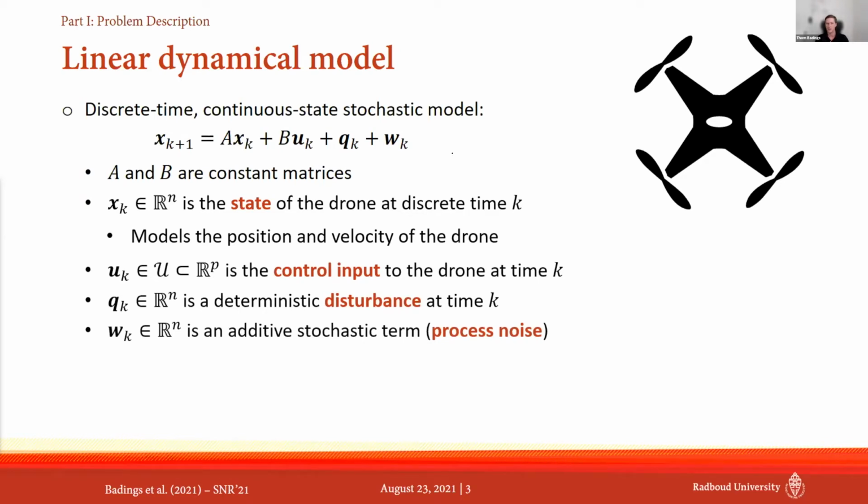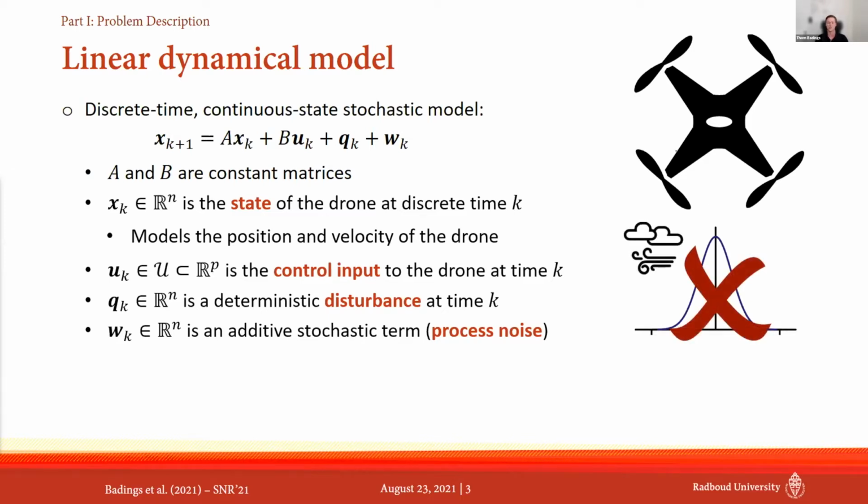And in a lot of research, it's typically assumed that this process noise follows a nice Gaussian distribution. But the problem is that in reality, and for example, when considering things like turbulence, the process noise does not have a nice Gaussian distribution. And that's why in this work, we were especially trying to drop the assumption of having Gaussian noise.